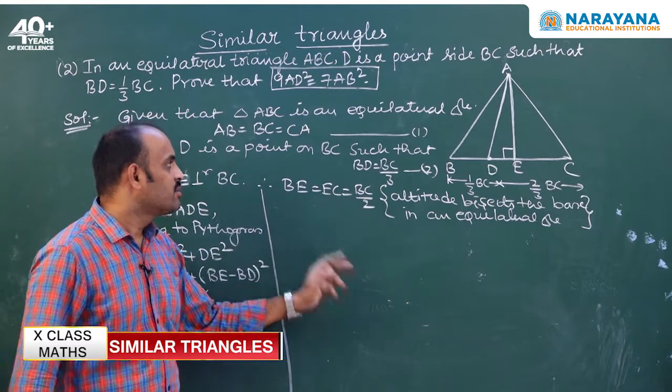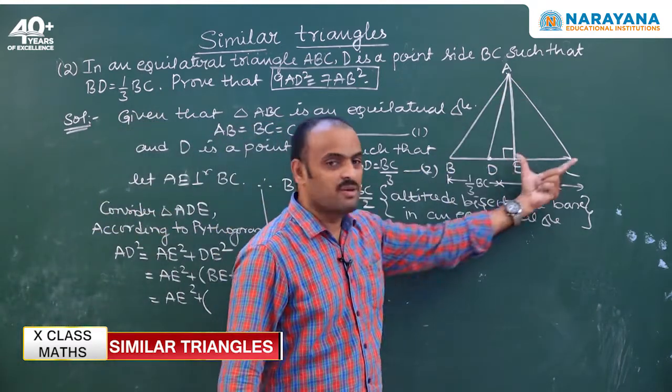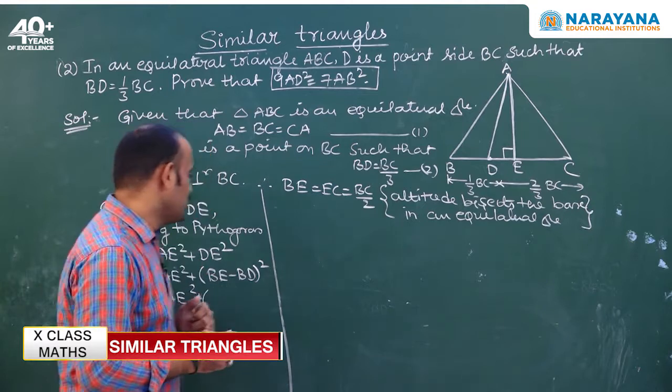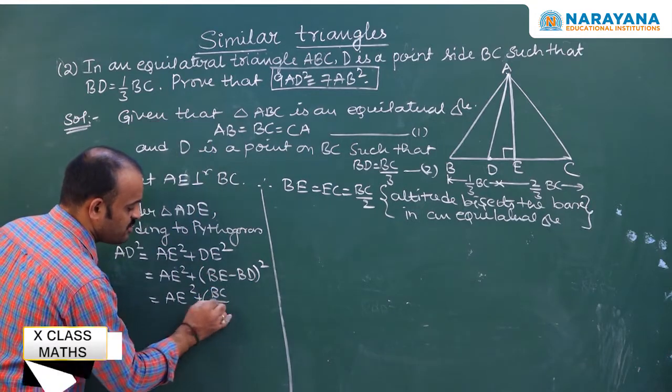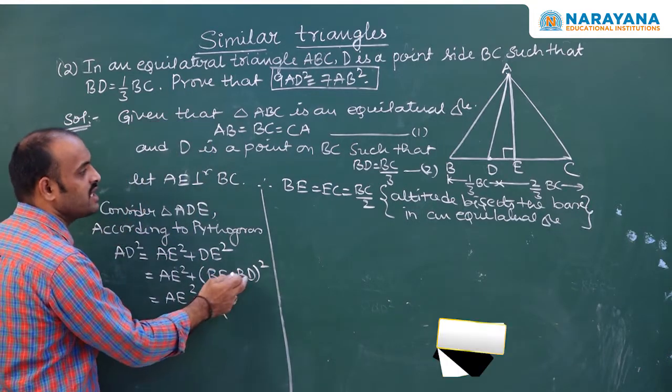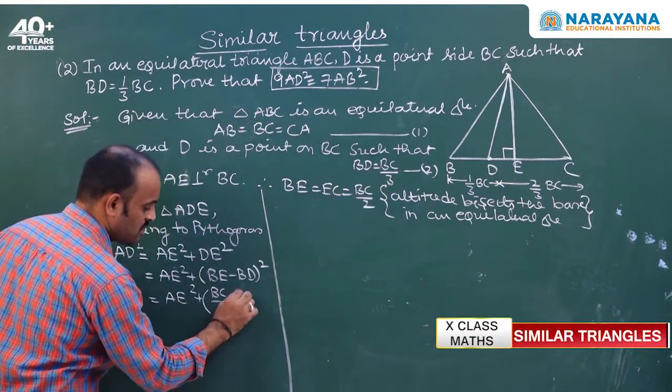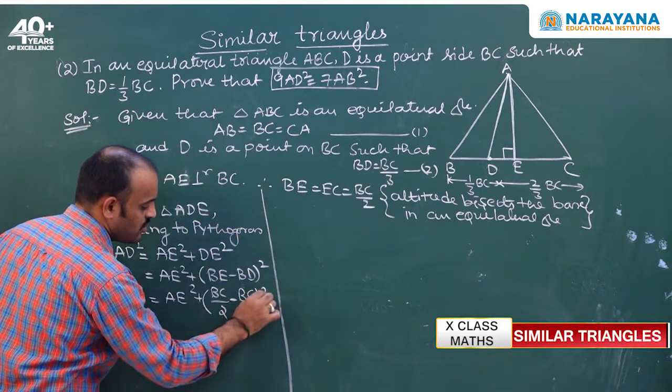How did we get it? Altitude bisects the base. Bisecting means dividing into two equal parts. So, BC by 2 minus BD, which is BC by 3 as given, whole square.